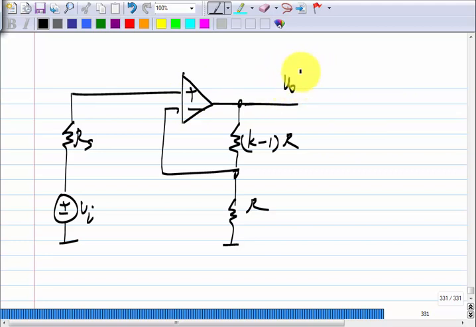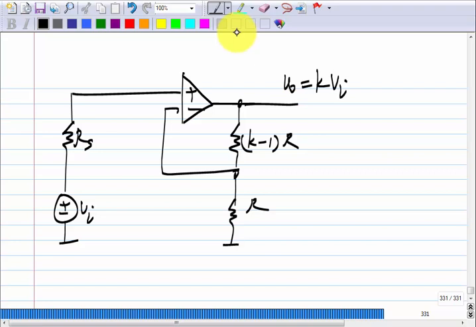First of all, let us assume a MOS op amp with a large gain. What will be V naught? K times Vi. So, now I substitute this with a bipolar transistor op amp. What will happen?